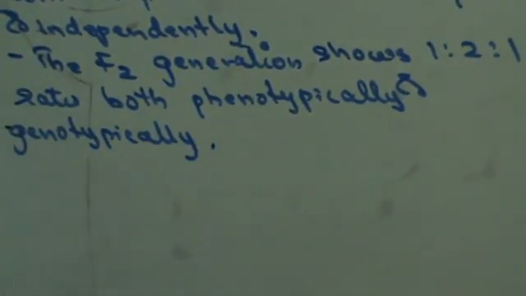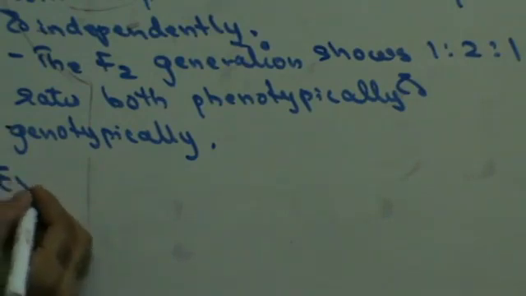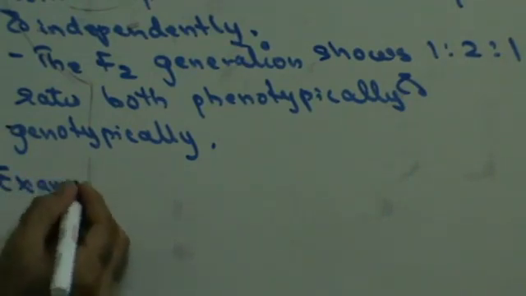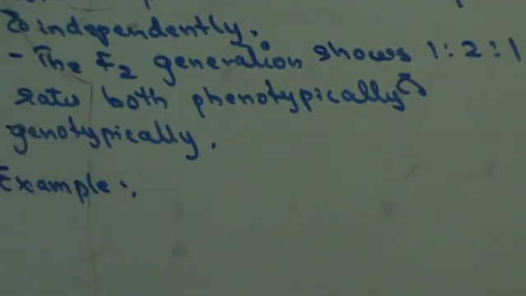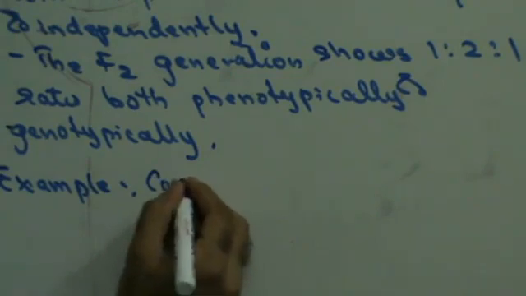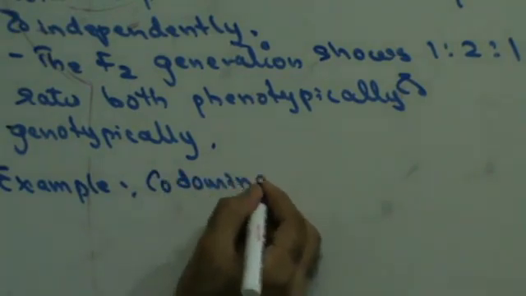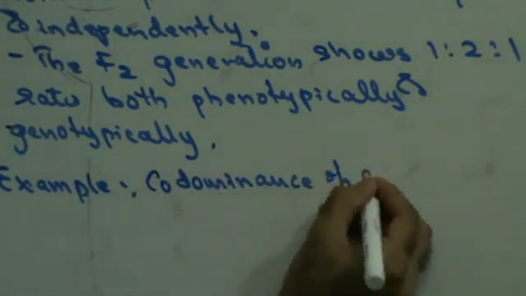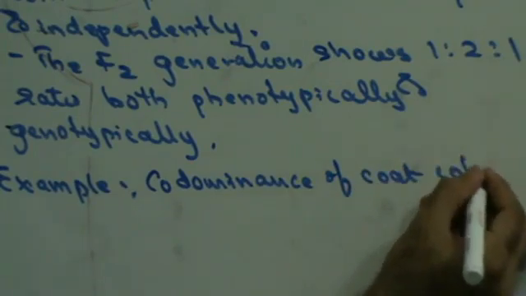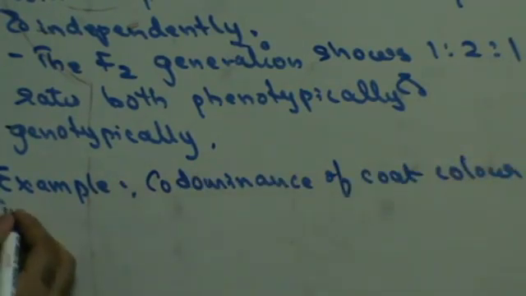So both the characters are shown here, right? Example: I already explained the example to you with the help of the diagram. Codominance of coat color in cattle.